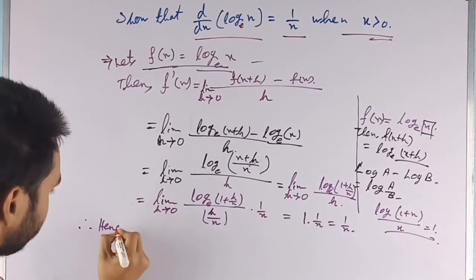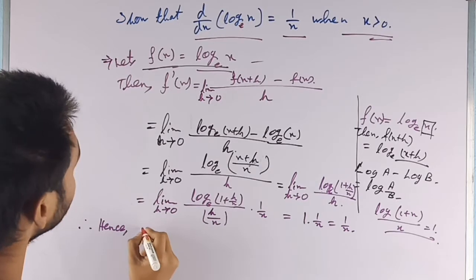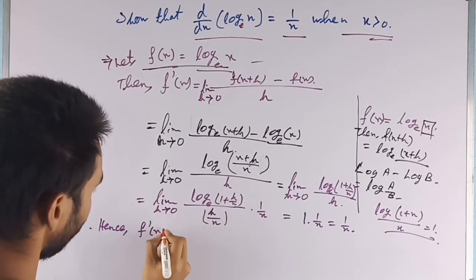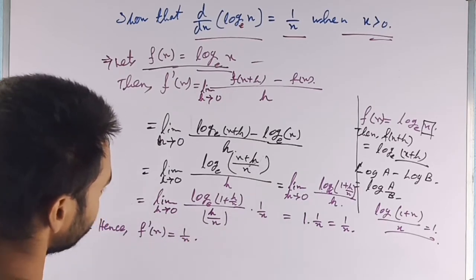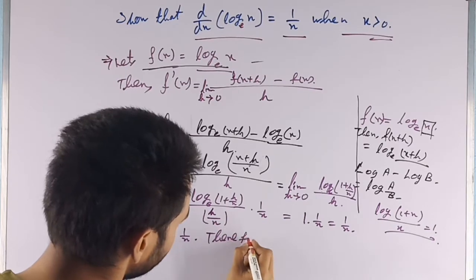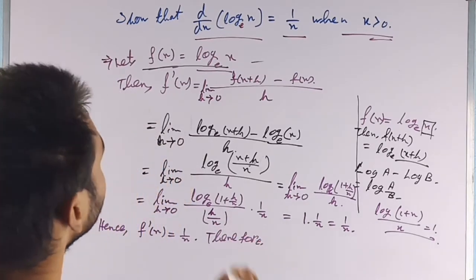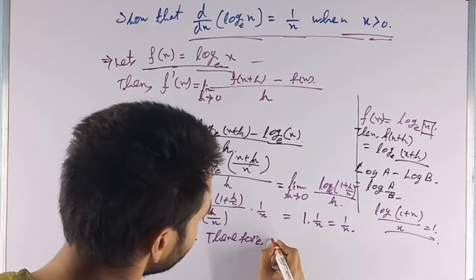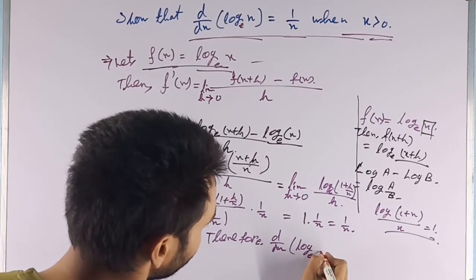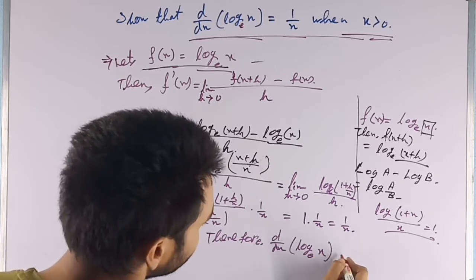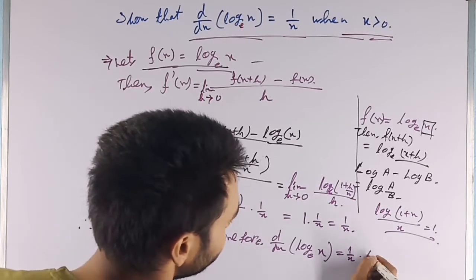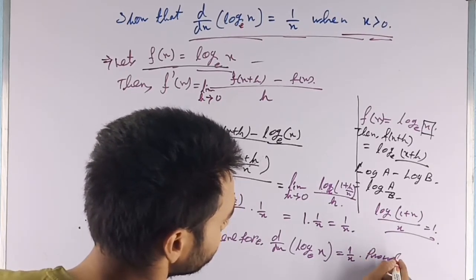So it is proved that d by dx of log x equals 1 by x.